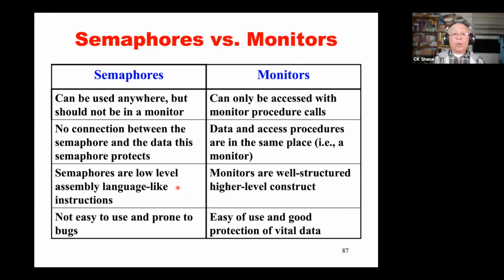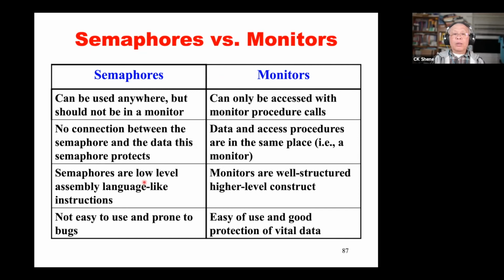Semaphores are low-level, assembly language-like instructions. So within each semaphore, wait and signal are just 2 instructions. On the other hand, monitors are a well-structured, higher-level language construct. You put everything under its umbrella.